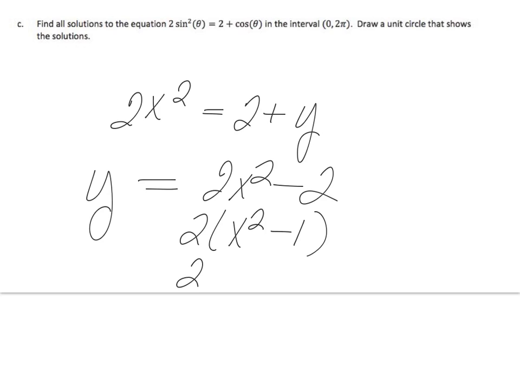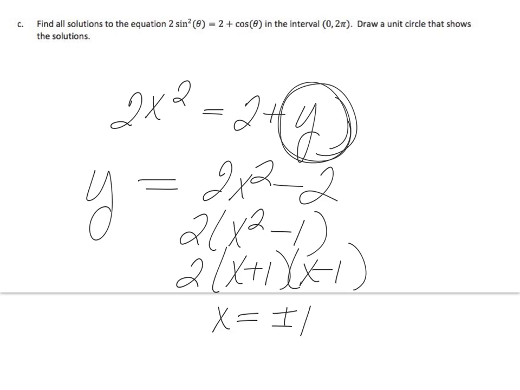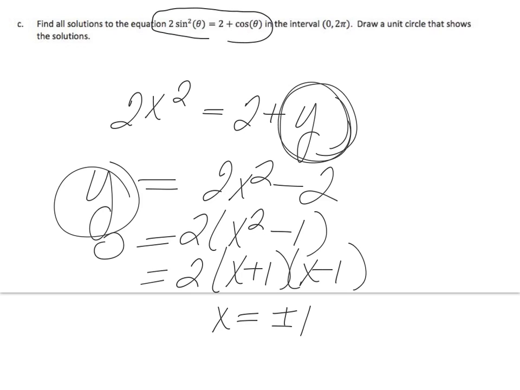And then that's a difference of two squares, x plus 1, x minus 1. You could say that x is going to be equal to plus or minus 1. Notice I just ignored this y. I set it equal to 0 after the first step. It was just an example of what I'm asking you to do with a problem like this.